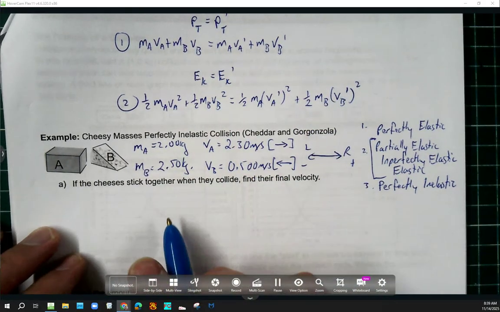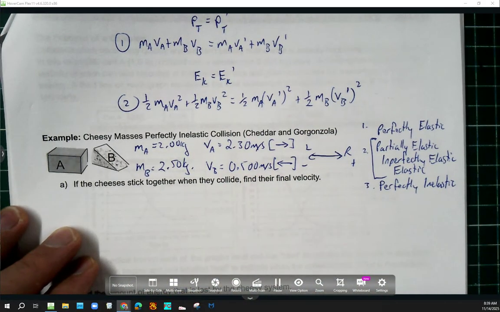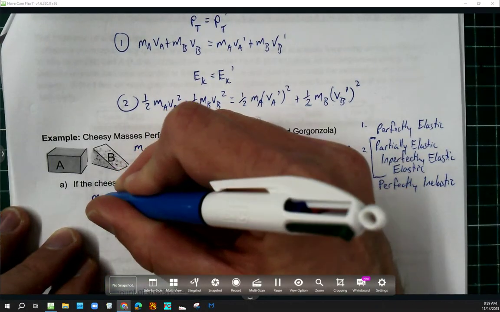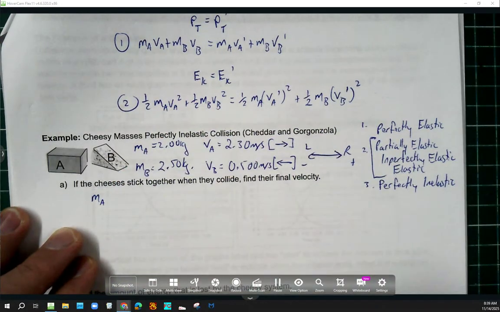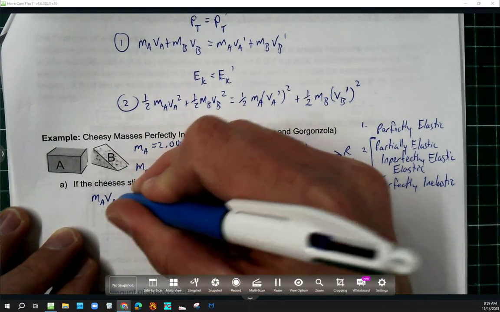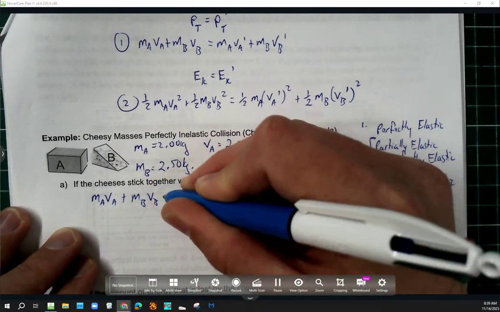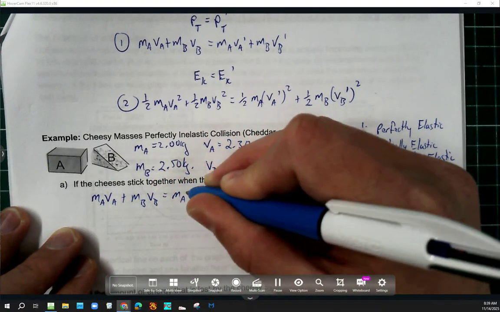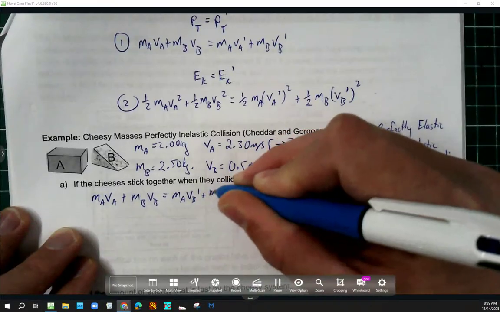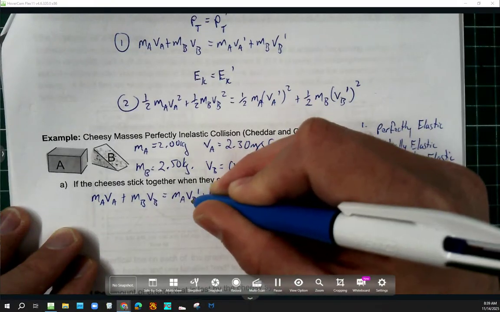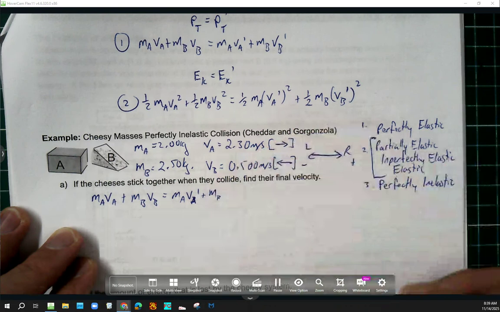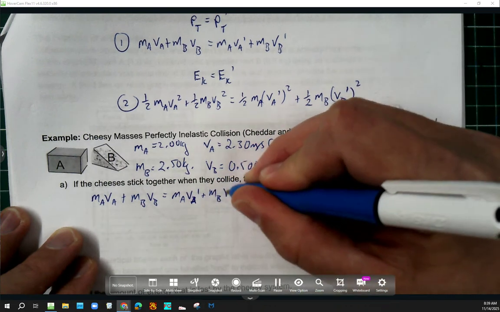If the cheeses stick together when they collide, find their final velocity. So if I start off with that equation 1 at the top of the page, I could say MAVA plus MBVB equals MAVA primed plus MBVB primed.